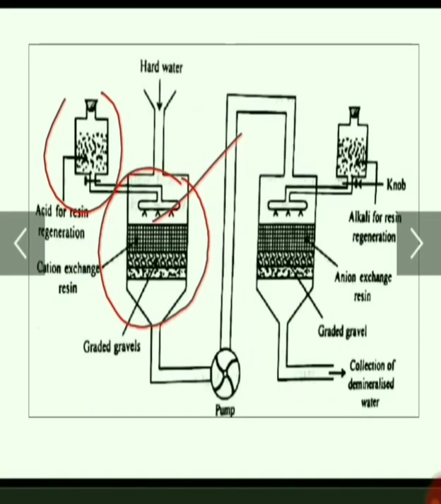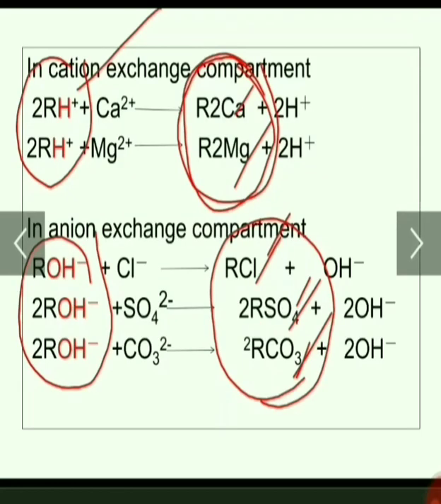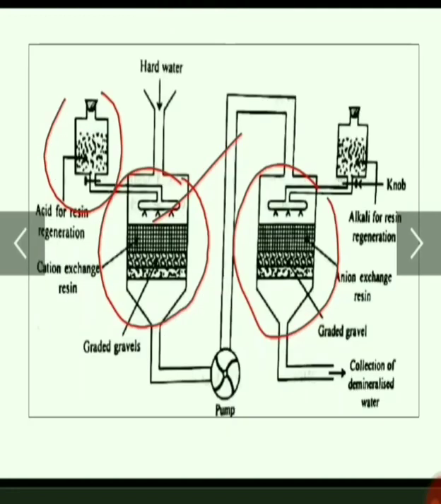Let's go to another compartment. This one is the anion exchange compartment. Now the anion exchange resins are used up. So what we have to do? The chlorides, sulfates, carbonates have to be replaced by OH minus. OH minus represents base, so here you have to add base.